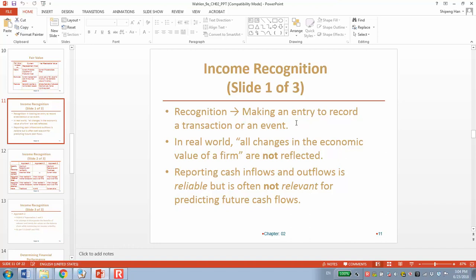And the income statement plays an important role to record the change of the financial positions. However, we cannot record everything, all the transactions and events. Although we try to report complete information, in reality, not all the change can be reported.